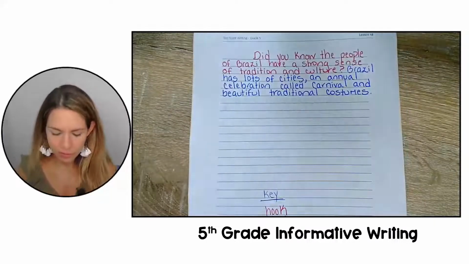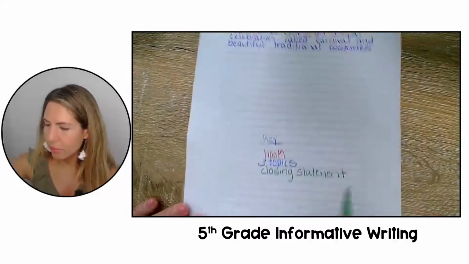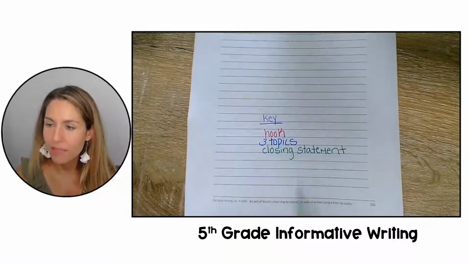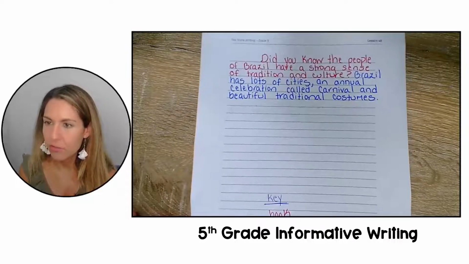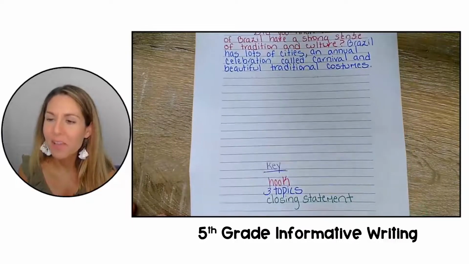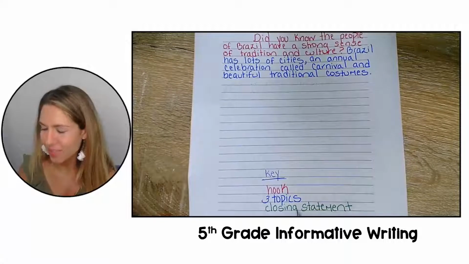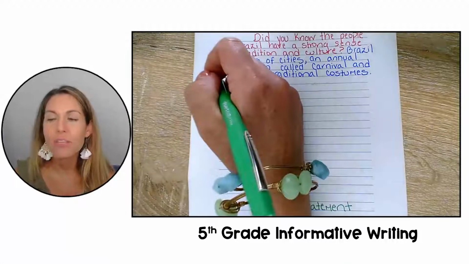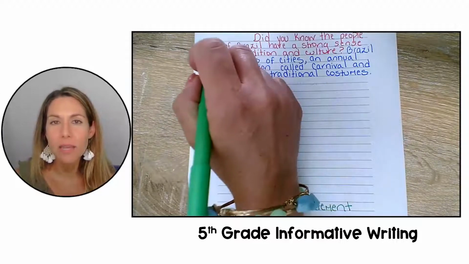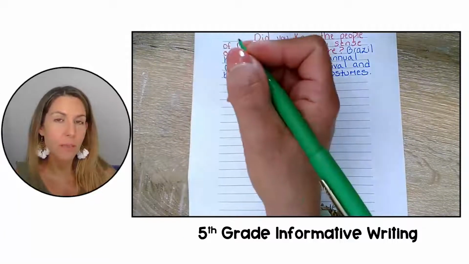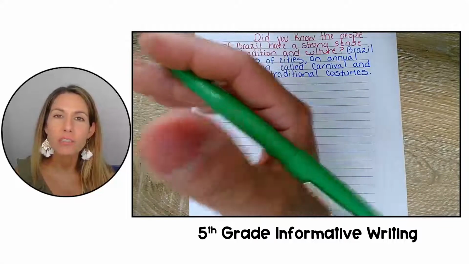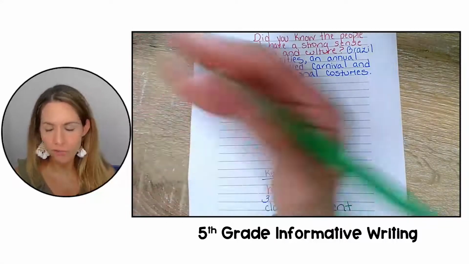All right, boys and girls, so now let's see what comes next. Well, if we look at our key, we have included our hook, our 3 topics, and our closing statement. So, we have included our hook and our 3 topics. What comes next? Our closing statement. So here is where we're going to say something about our topic, something about Brazil, something nice that brings our introduction to a natural sounding finish.